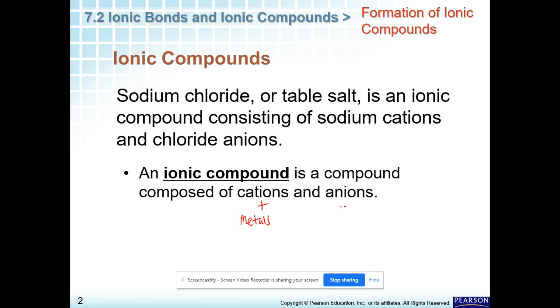Anions, on the other hand, are negatively charged, and these are going to be mostly nonmetals. If we go back to our example of sodium chloride, sodium are cations because when sodium forms its ion, it forms a +1. Chloride, on the other hand, is an anion because it forms a -1 charge.